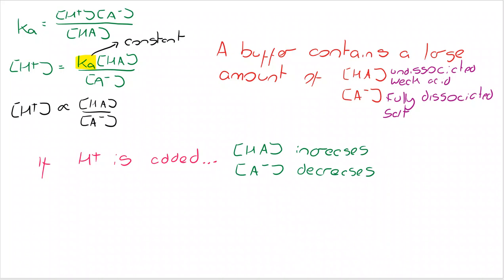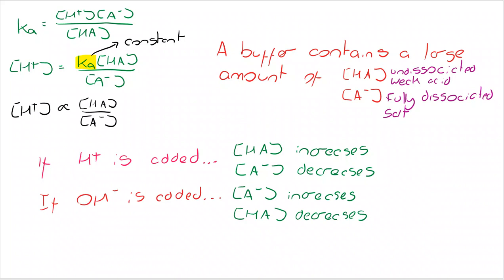But we're adding a small amount of H plus to a very large amount of HA and A minus, so the overall change will be tiny. If I add OH minus, the A minus increases and the HA decreases, but again in very small amounts. So the overall concentration of H plus only changes marginally. And we're taking us back to that ratio there.